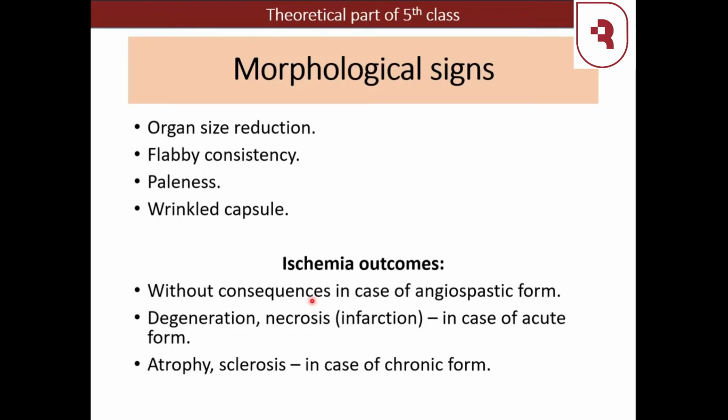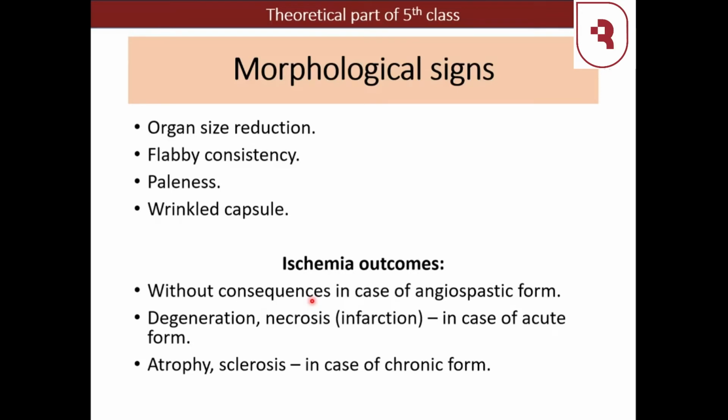Morphological manifestation of ischemia is associated with decrease of organ size, flaccid consistency of it, paleness of organ, and wrinkled capsule. Ischemia outcomes will be associated with some different kinds of it.